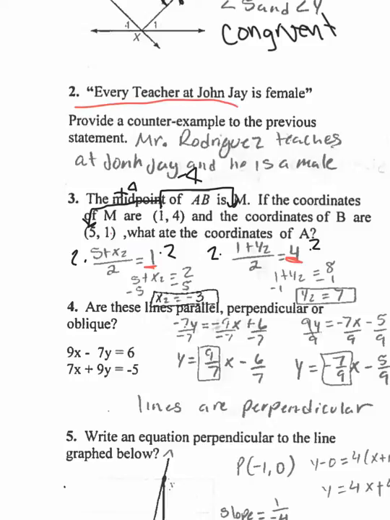Right? And 1 minus 4 is negative 3. So that's the x of A. And then for the y's, from 4 to 1, that's minus 3. So in the other direction, it's plus 3. 4 plus 3 is 7. Negative 3, 7. That shows you how to do it algebraically.